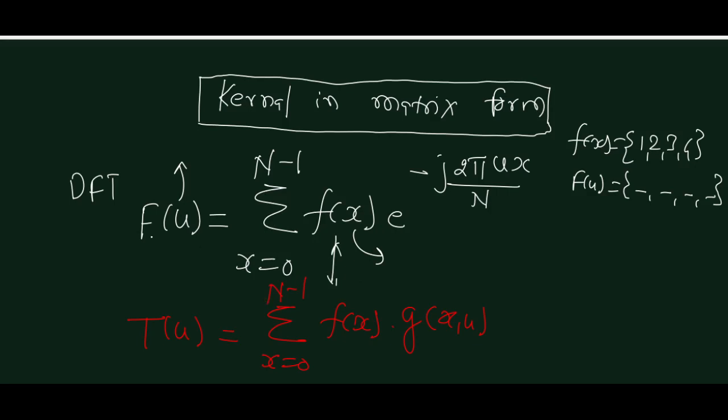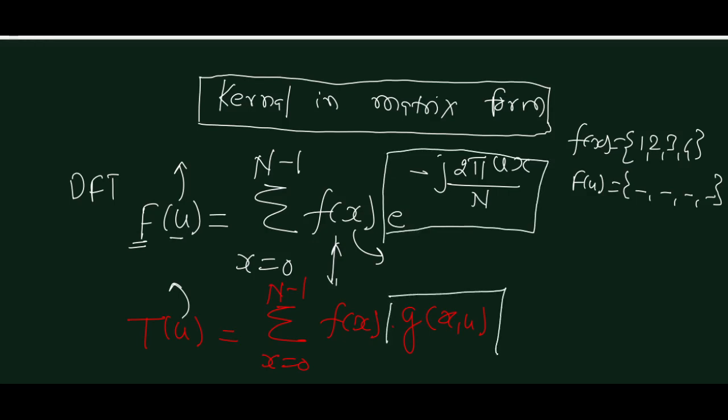For this f of u I have written T of u, T indicating the transform domain. U, once again, is the variable related to frequency, and for the part e raised to minus j 2 pi ux by n, what is written here is g of x comma u.